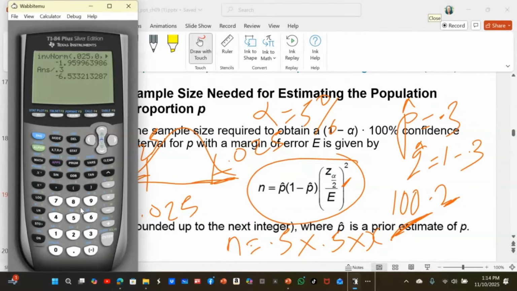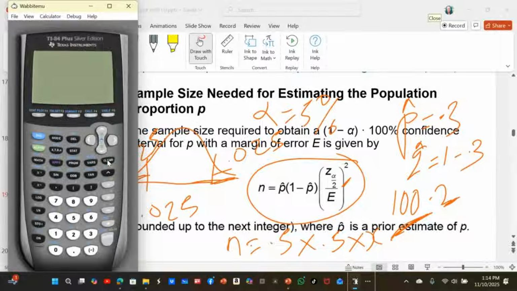And then we square this, and I'm going to store it in X. Alternatively, I'll multiply immediately by 0.25. So I'm going to pull that down again, enter, second enter, second enter.